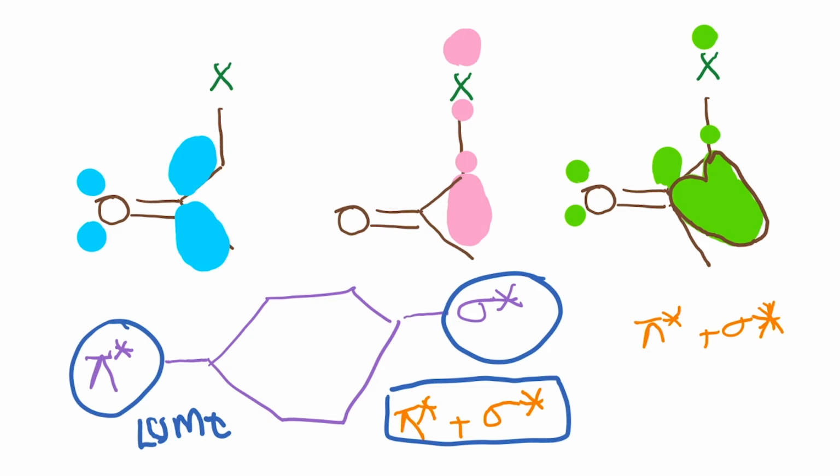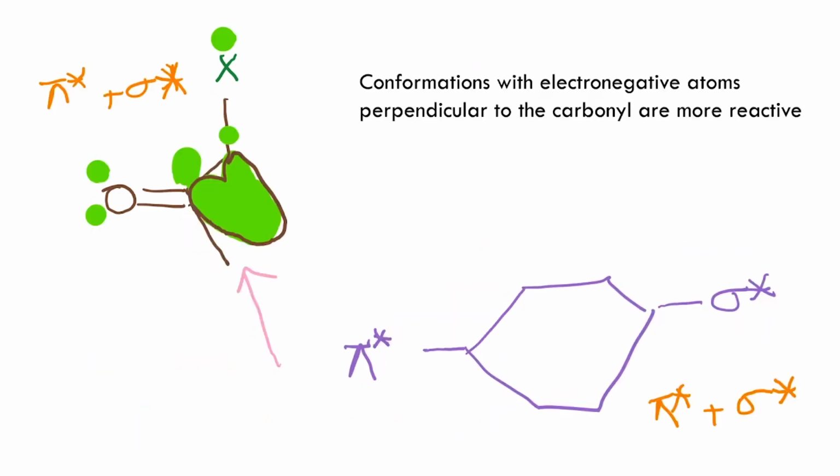But now, when X is not a leaving group, the same combination of orbitals can occur for that particular conformation. And what we might expect is that that particular conformation is more reactive towards the nucleophilic addition reaction, which is what we are looking at when it comes to carbonyl compounds.